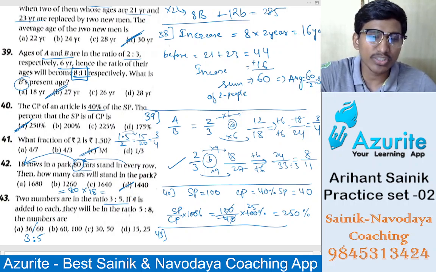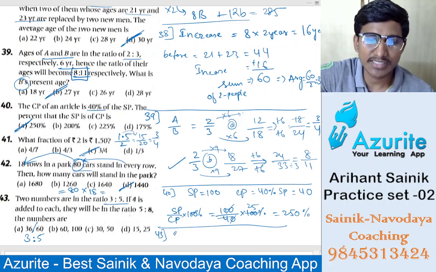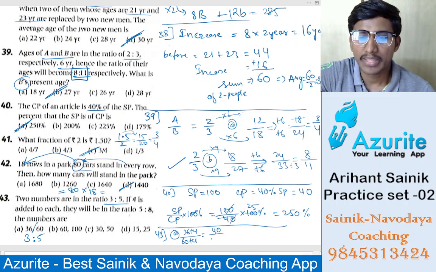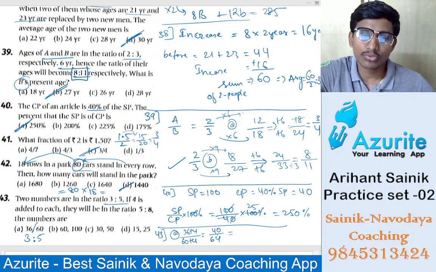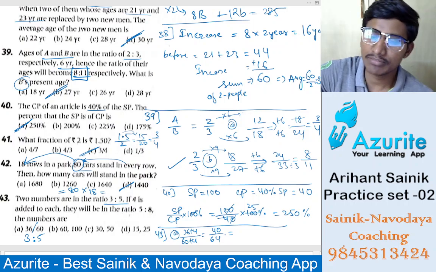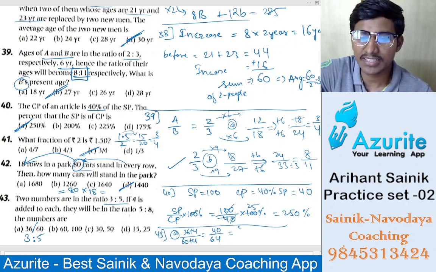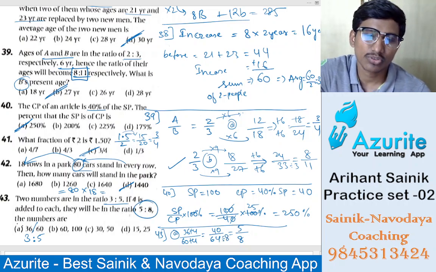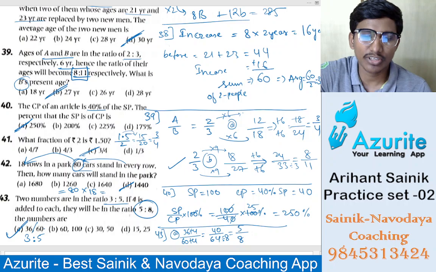If 4 is added to each, 36 will become 40 and 60 will become 64. 40 by 64, if you divide with 4, 4 tens are 40, 4 16s are 64. Again divide with 4, 8 5s are 40, 8 8s are 64. So 5 by 8 is coming, that is the answer. Option A.